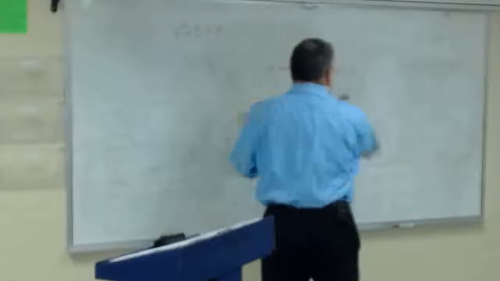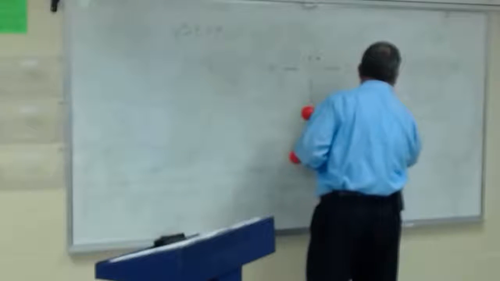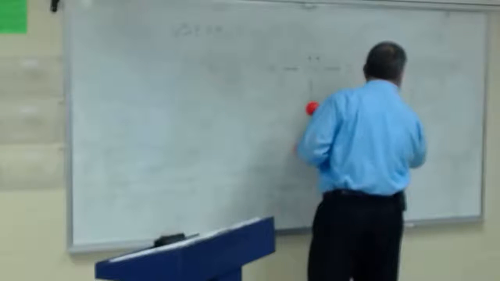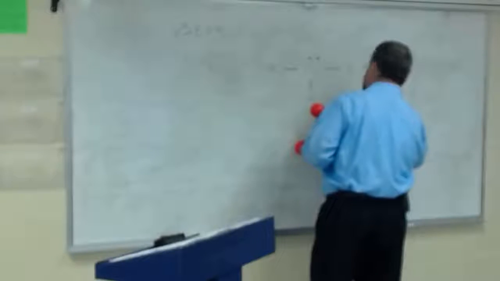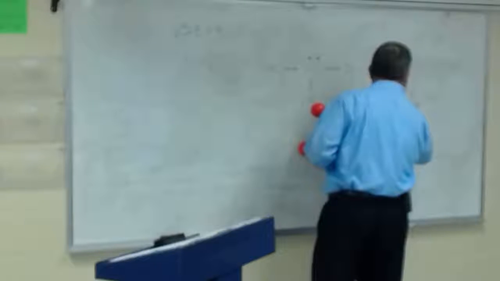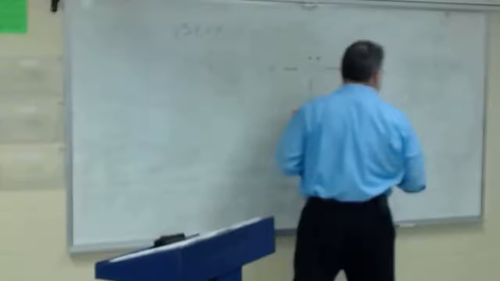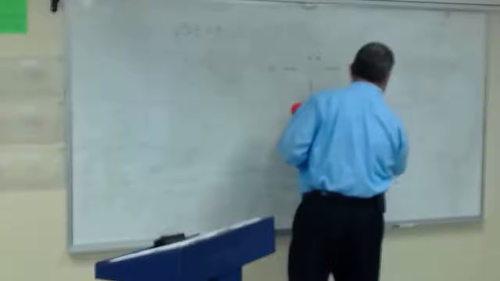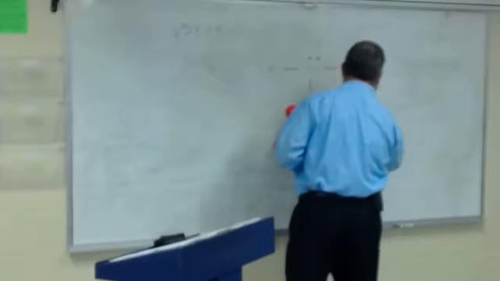So drawing this in 3-dimensional space, I've got a nitrogen here, I've got an unbonded pair here, and I have over here a hydrogen. I still have a hydrogen coming forward, and I still have a hydrogen going back.